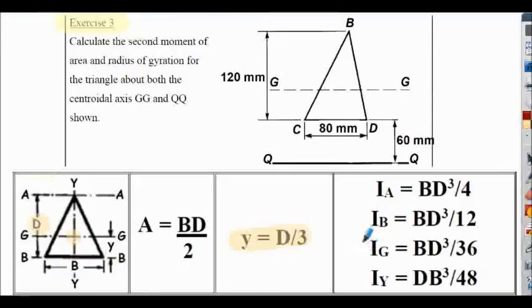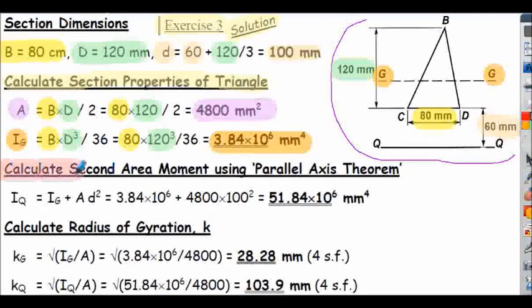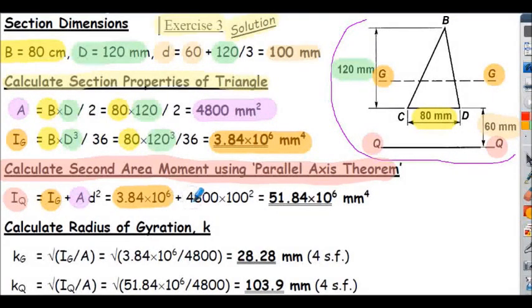And again, we're using our standard formula to calculate the second area moment about GG. So to calculate the second moment of area using the parallel axis theorem, I about axis QQ, shown here, is the Ig above added to the area multiplied by what I've labelled as d squared here. So the IQ is shown here.